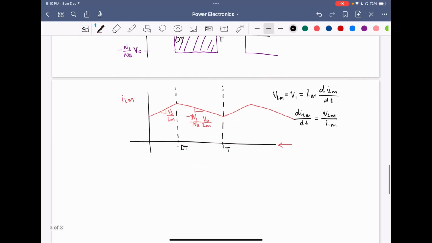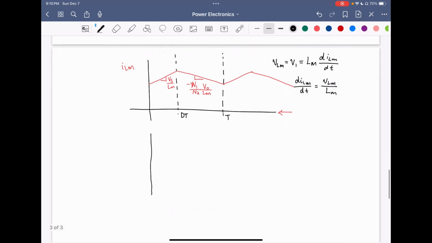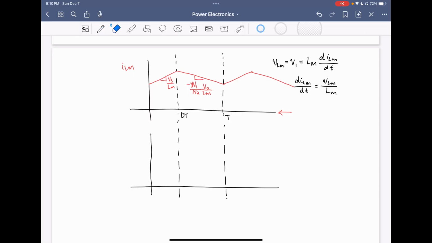Okay, and one more thing is we can also say what the switch current is. So the switch current in the DT interval is just going to be equal to ILM in the DT interval.